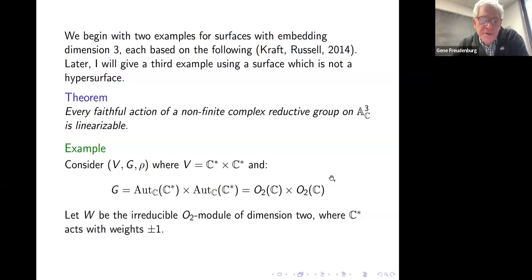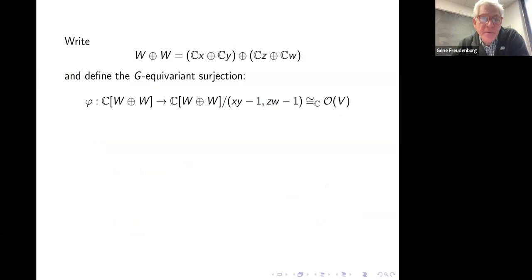Let W be the irreducible O2 module of dimension 2 with weights plus and minus 1. So a very familiar object. And then write two copies of W in coordinates x, y for the first copy and z, w for the second.